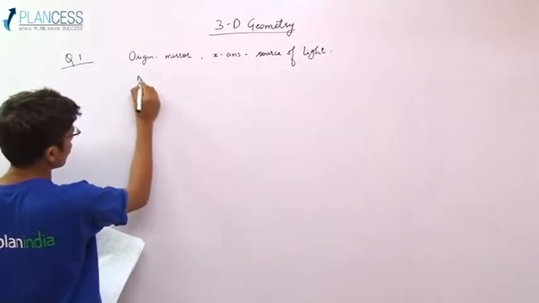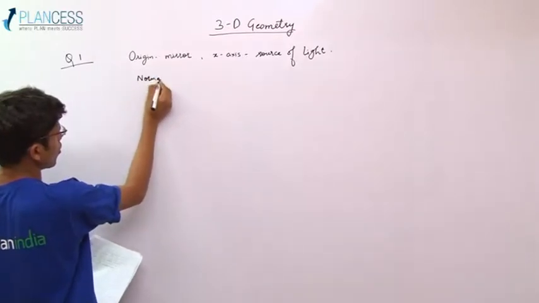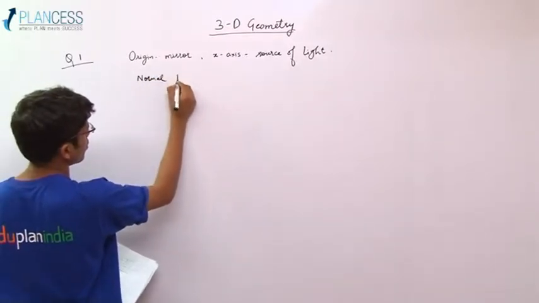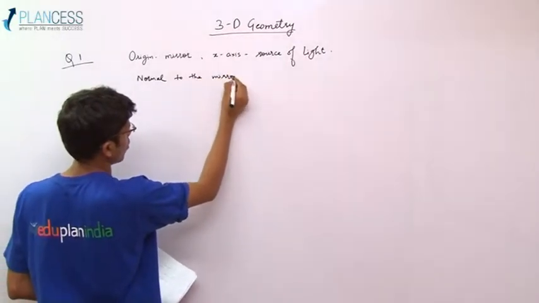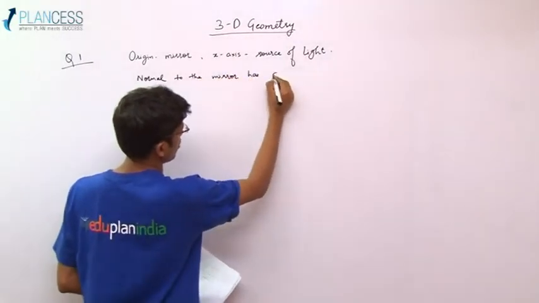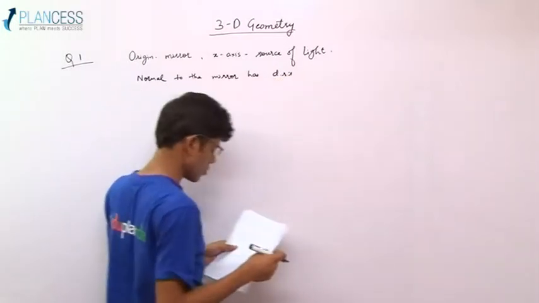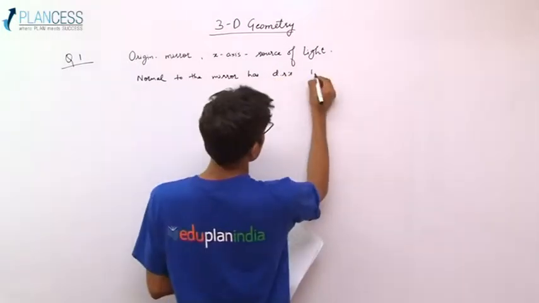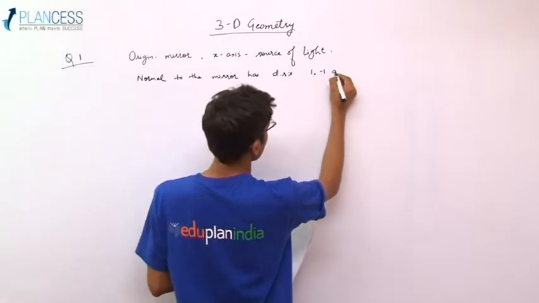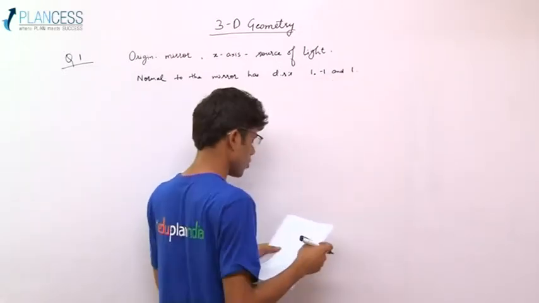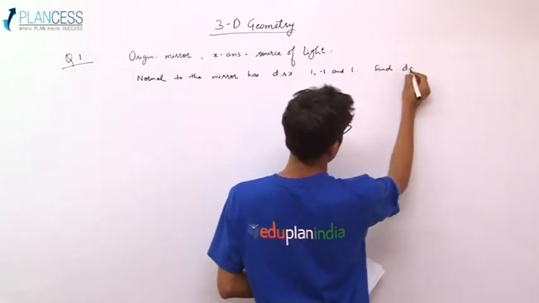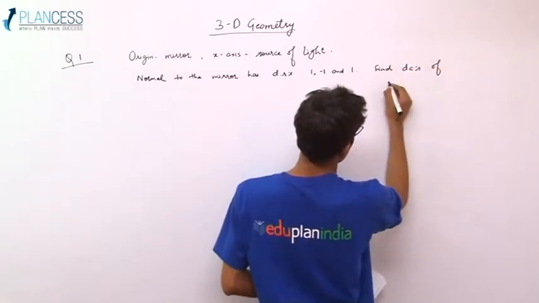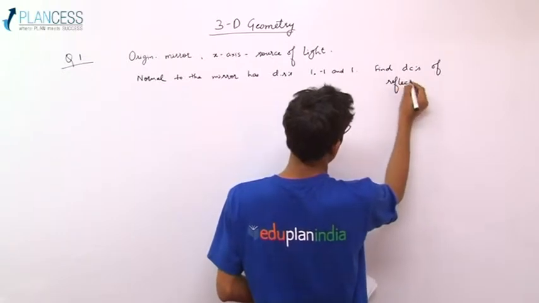Normal to the mirror has direction ratios 1, -1 and 1. Find the direction cosines of the reflected ray.